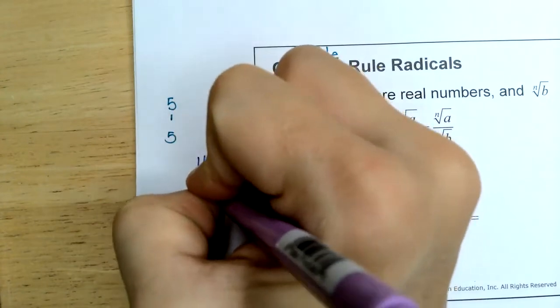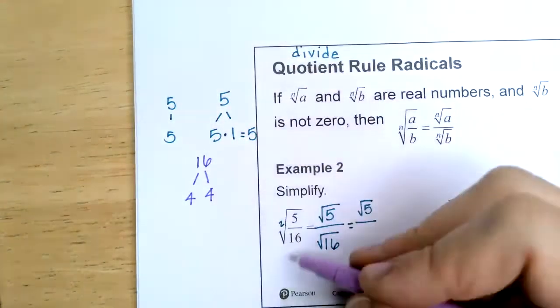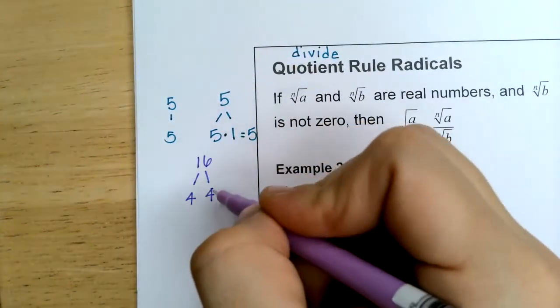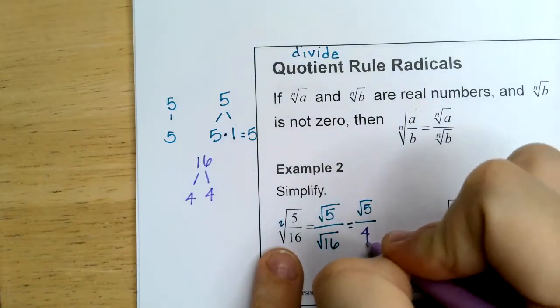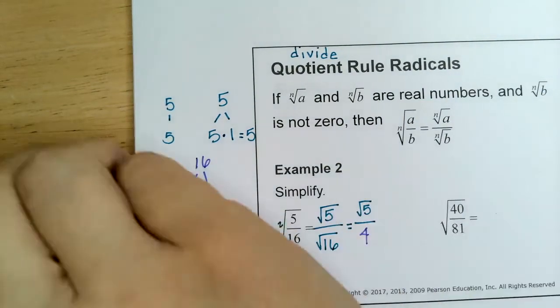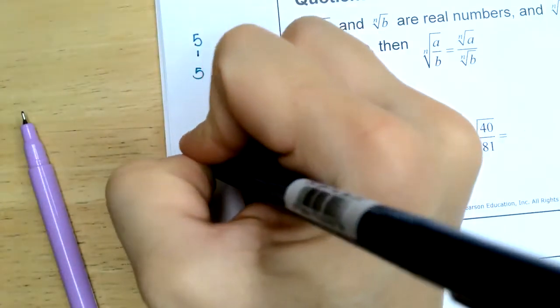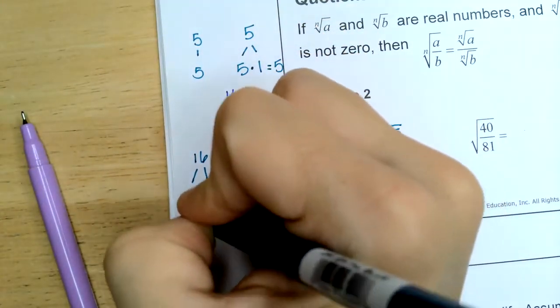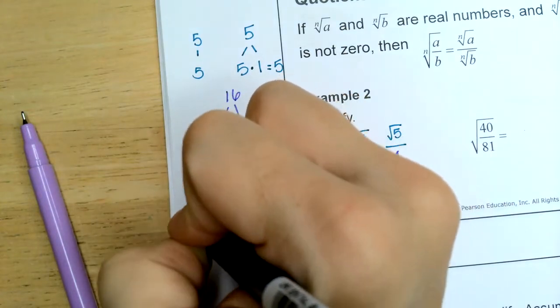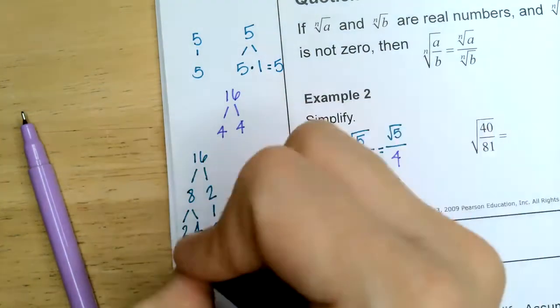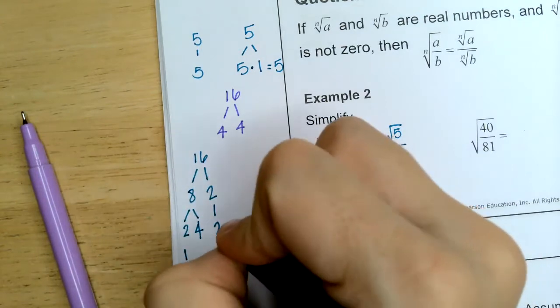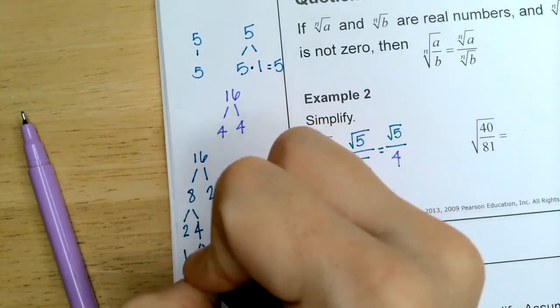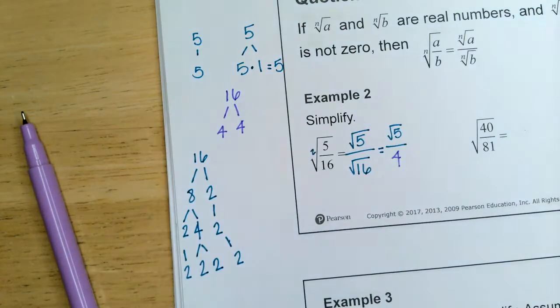But let's do 16. 16 becomes 4 and 4. I need pairs, and that's a pair. They can come out. Or you could say 16 is 8 and 2. 2 stays the same. 8 becomes 2 and 4, right? Now 2 is there. 2 is there. 4 becomes 2 and 2, right?